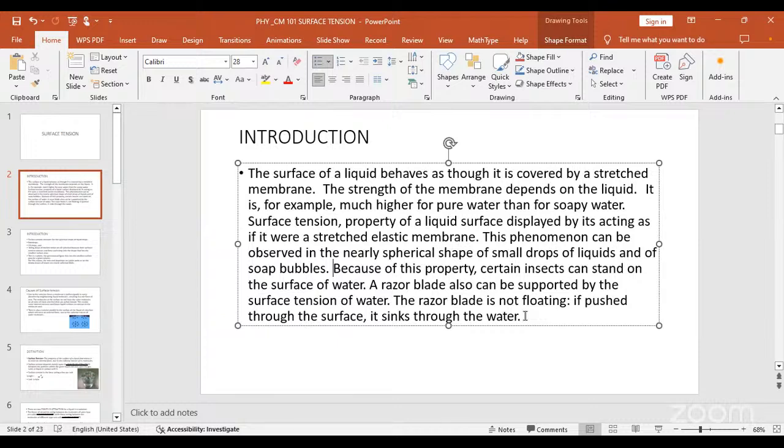It doesn't cover enough space to displace as much water equal to its weight, so as to float. If the pin or the razor blade is pushed down, it gets to the bottom of the water.